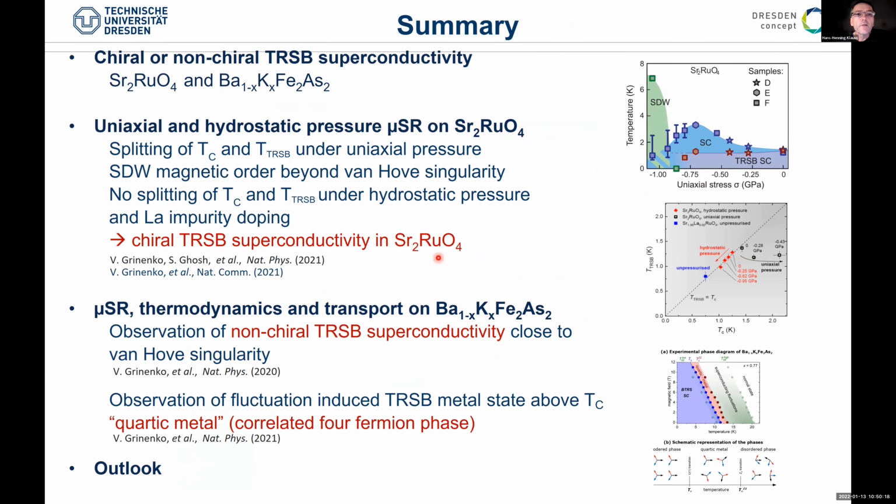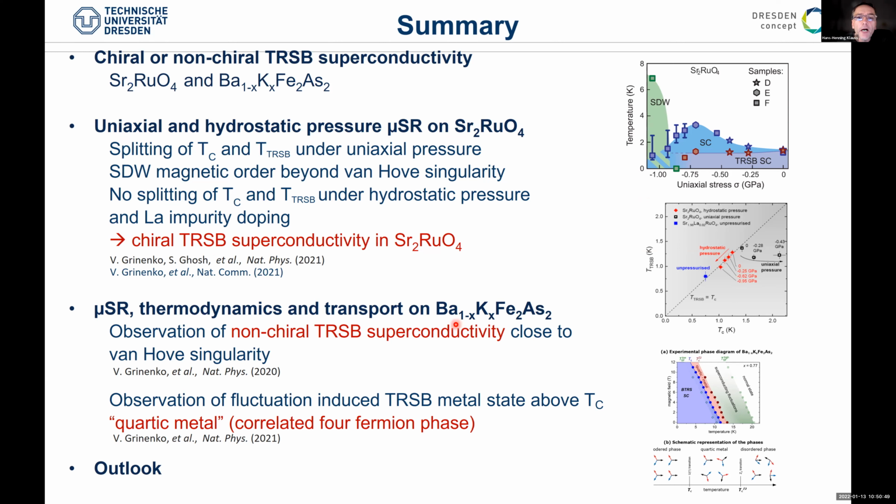And yeah, with these muons, we can look nicely at this very weak field in time reversal symmetry breaking superconductors, and we use it for the purpose of breaking the symmetry of that system in uniaxial strains, or just modifying the state by hydrostatic pressure or by impurity doping in strontium ruthenate to basically come to the conclusion that there is a chiral time reversal symmetry breaking superconducting order in strontium ruthenate.